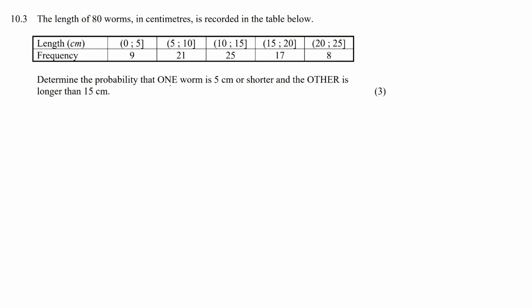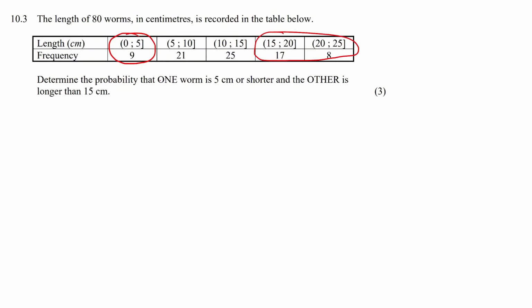Determine the probability that only one of the worms is 5 centimeters or shorter. Okay, so that means in this category over here. And the other worm is longer than 15 centimeters. So that would be these 2 over here.